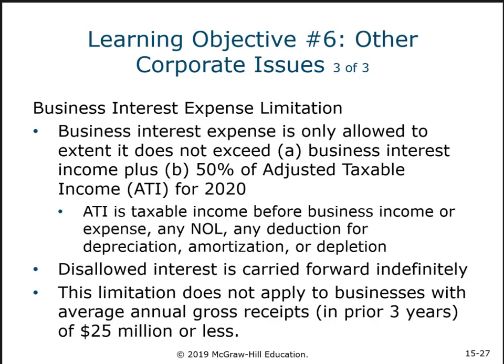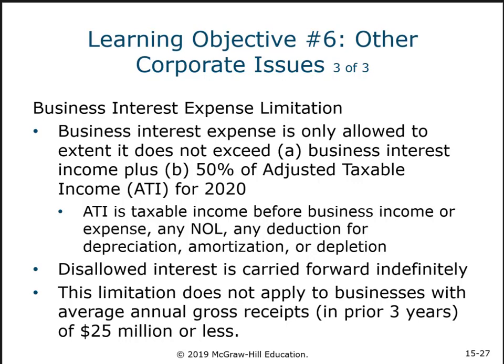The business interest expense limitation should only come into play in very few cases. For 2020, they increased that to 50%. It was 30% previously, so for 1 year only. This doesn't apply to any company with $25 million of gross receipts or less.